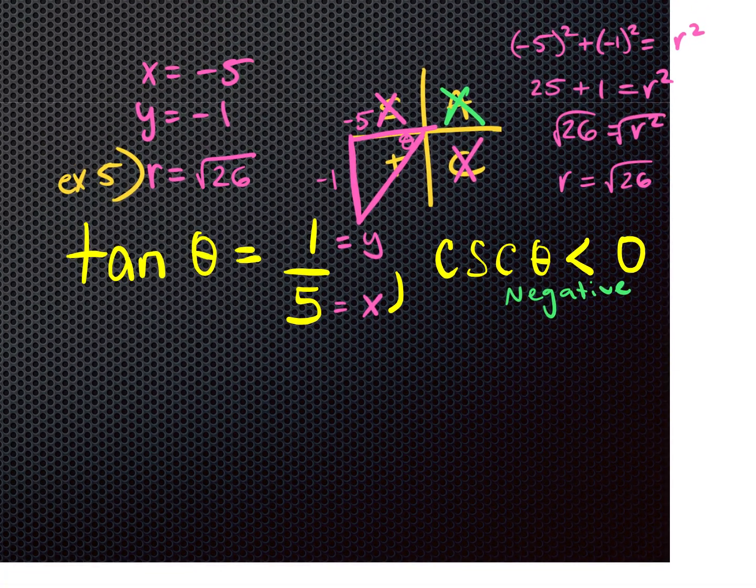Let's find our remaining trig functions now. So we have sine of theta, cosine theta. Tangent was given, but let's find our reciprocal ones. We have cosecant theta, secant theta, and then cotangent.